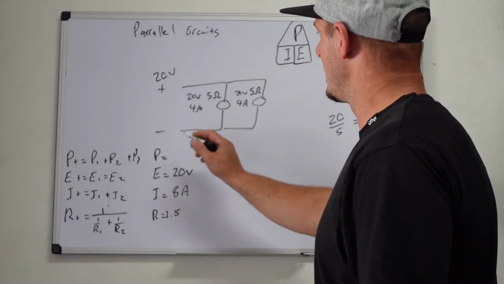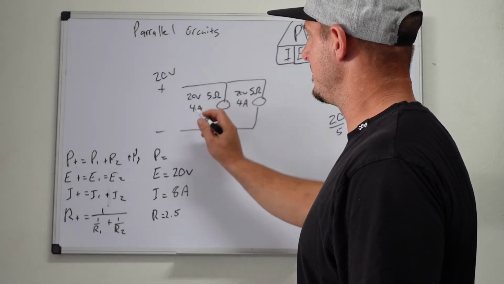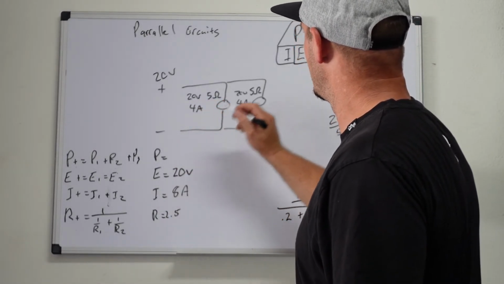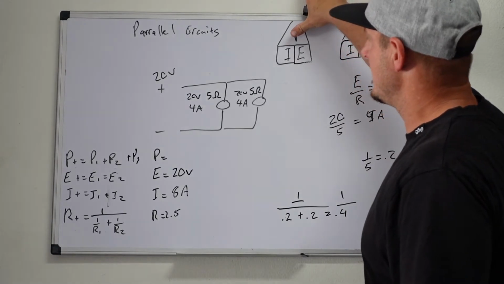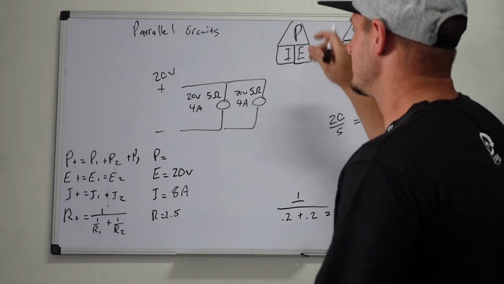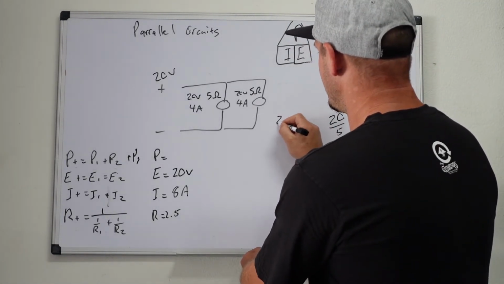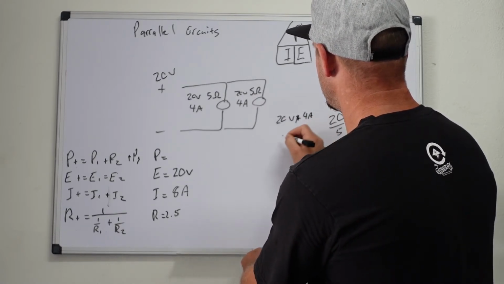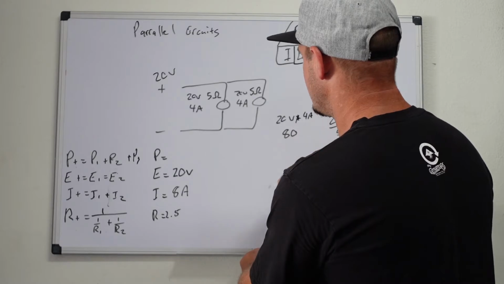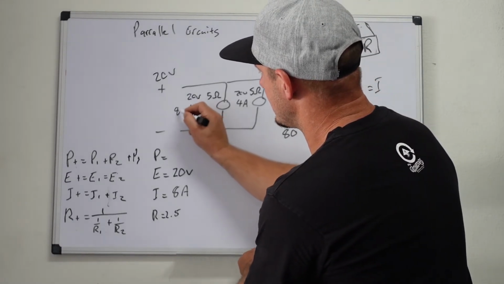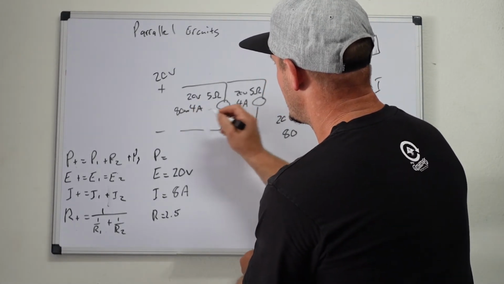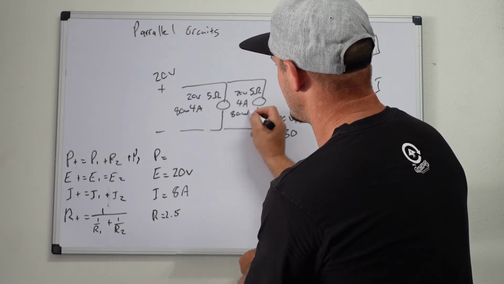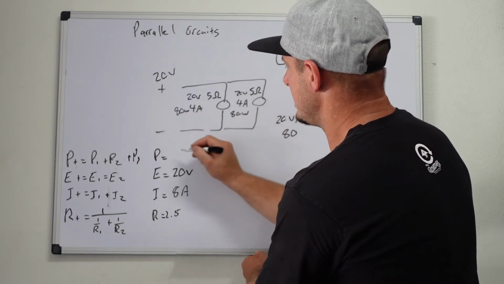Now we need to find total watts, right? If we want watts, it's amps times volts. So we have 20 volts times 4 amps, which is going to give us 80. So it's 80 here. It's also going to be 80 here. And 80 plus 80 is 160.